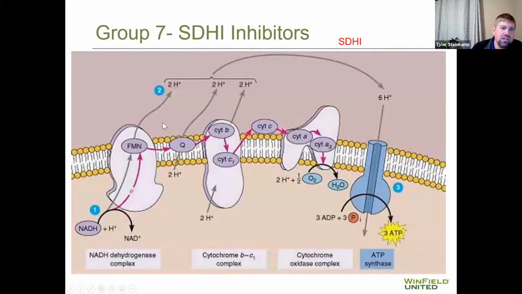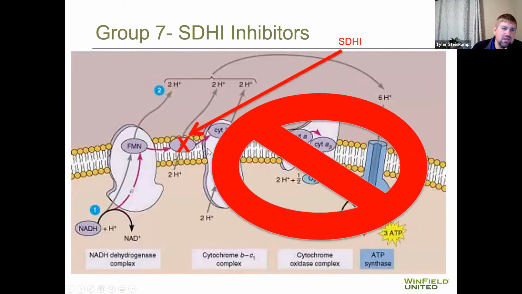What it affects is this ubiquinone, and it stops the ability of the fungus to use the electron transport chain to develop energy. Basically it starves that fungus out and kills it that way.